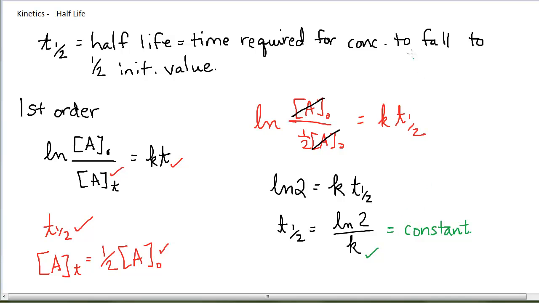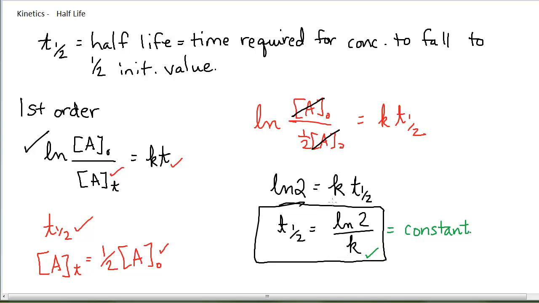Radioactive decay always runs by first-order kinetics, so the disappearance of the radioactive species follows a first-order rate law, and the half-life is always a constant numerical value. You can find it by plugging into this equation: T1/2 equals the natural log of 2 over k.